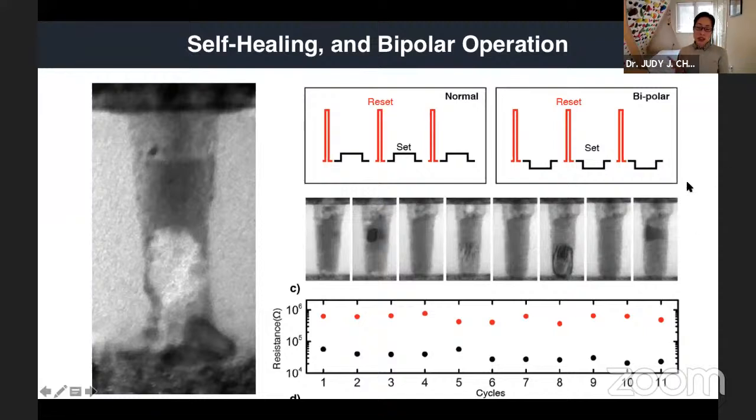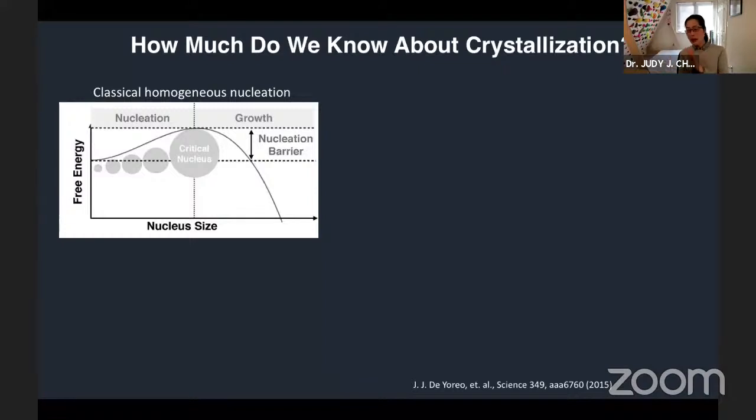So this is an example of how crystallization is incredibly useful for our daily lives in the context of memory devices. But if you take a step back and ask ourselves, what do we teach undergraduate students about crystallization? We teach fairly rudimentary concepts. We teach them classical homogeneous nucleation, where we say there is a Gibbs free energy that we have to care about.